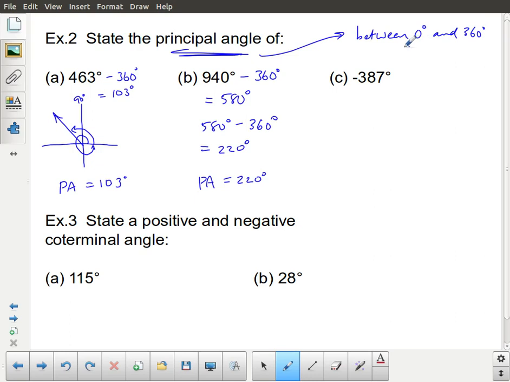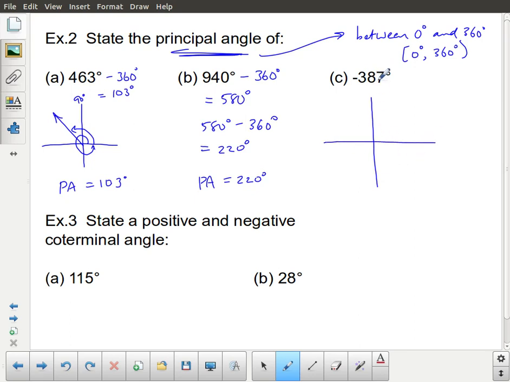A principal angle should be between 0 degrees, including 0, and 360 degrees, but not including 360. That's why I use the round bracket there. Because once we get to 360, technically we're back to 0 again. Now, for this one, I think I need another diagram to show you this one.